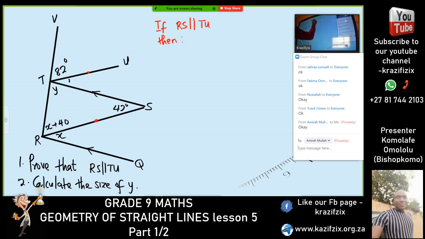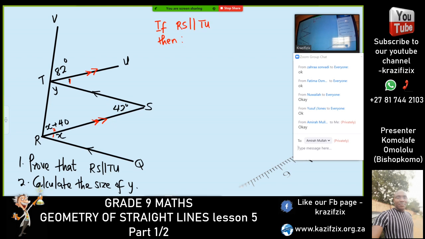Then, okay, I'm going to use red. We've not proven it. We need to prove it. If these two are parallel, let's call this R1, R2. This is T1, that's Y, and let's call this T2, just to show you a different perspective.